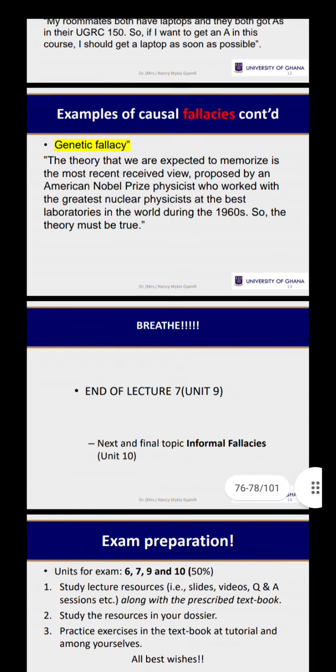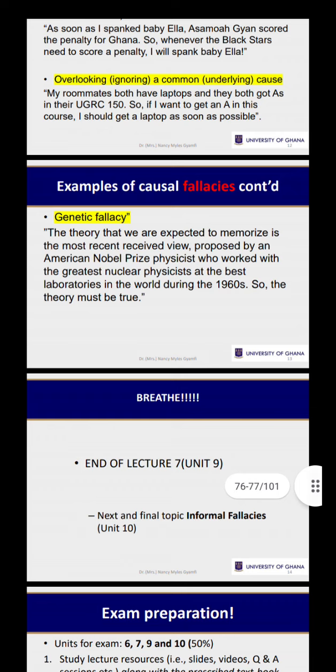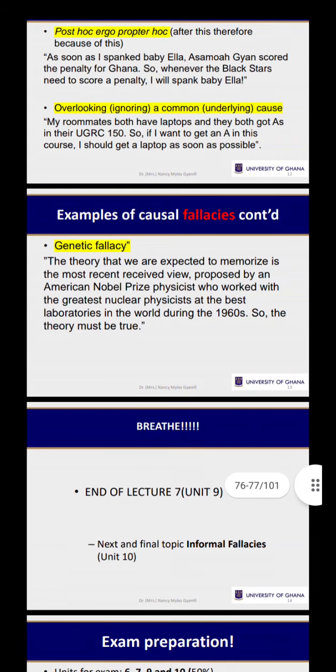So the theory must be true. Yes, the fact that a theory is coming from an American Nobel Prize physicist doesn't mean that it is true. You can see that a person is just pointing out that they should accept it because it's coming from an American Nobel Prize physicist, but it could be a false theory.